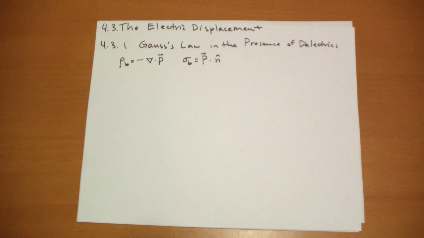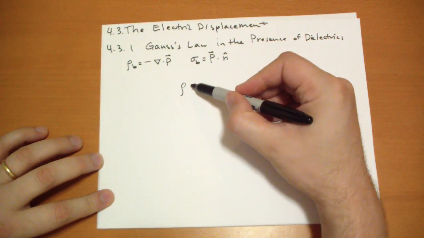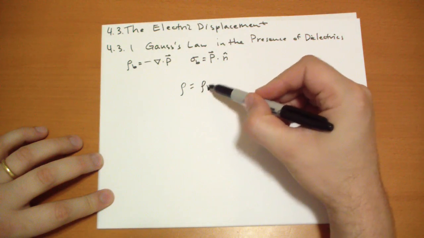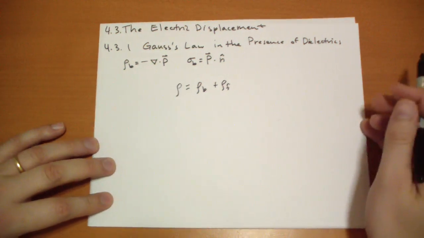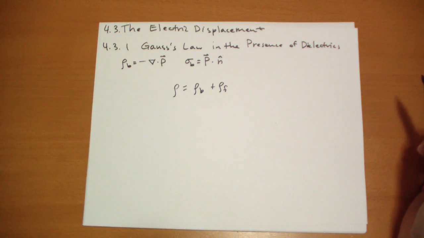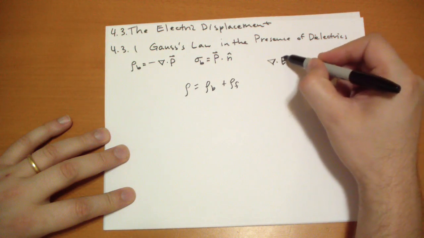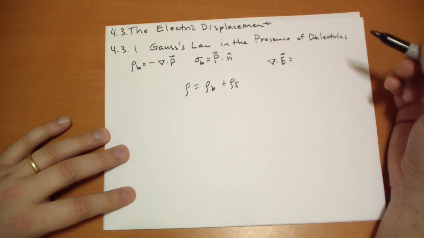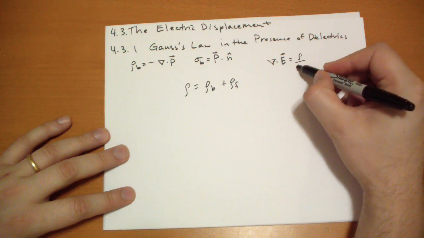So the problem usually is that we introduce free charges, some free charge density, and so the actual charge density is equal to whatever bound charge we have, this is within a dielectric, plus whatever free charges we've added, okay? And so Gauss's law basically says that the divergence of the electric field is equal to the charge density over epsilon naught.